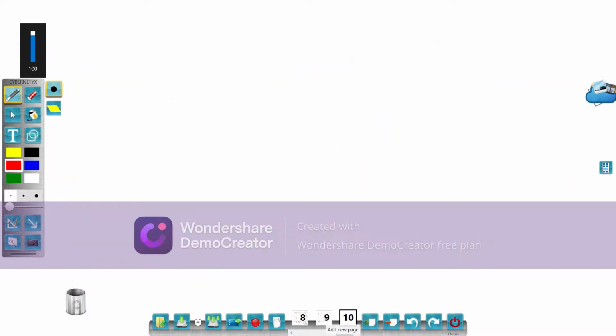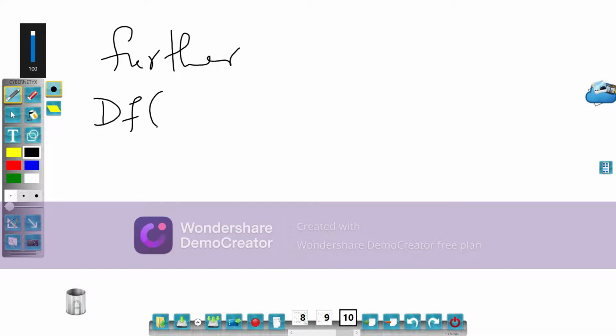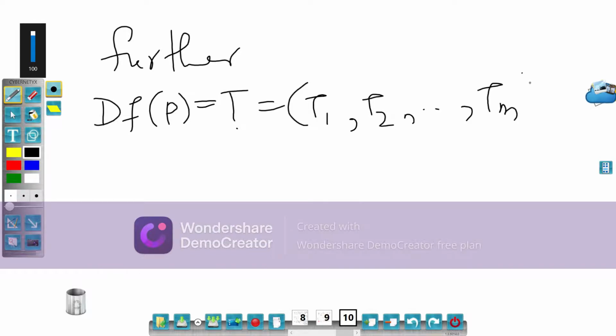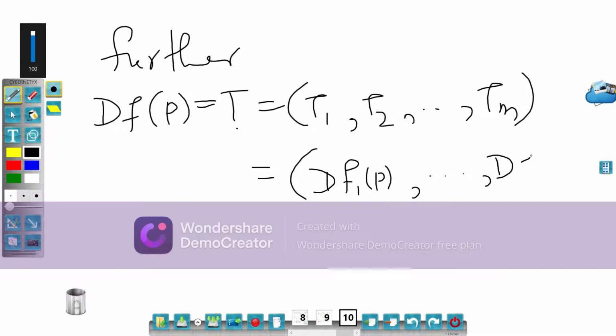Now here one should further note that df at p is equal to capital T, which is equal to t1, t2, dot dot dot, tm, which is the same as the derivative of f1 at p, comma, dot dot, derivative of fm at p.